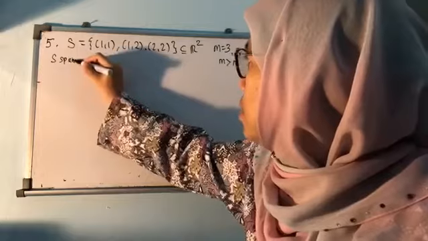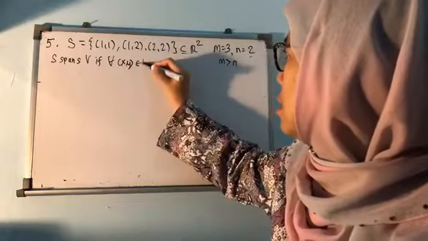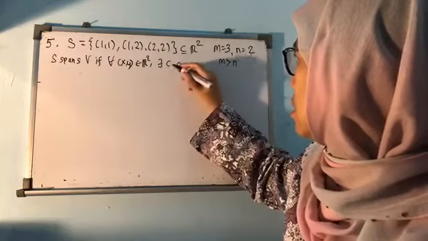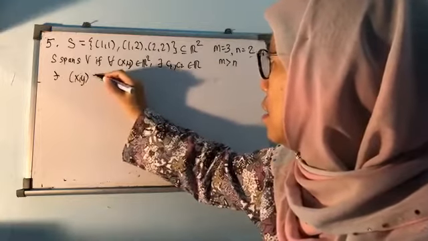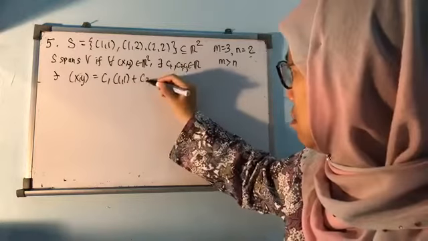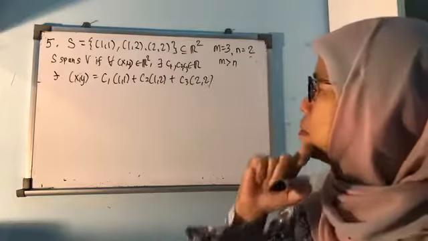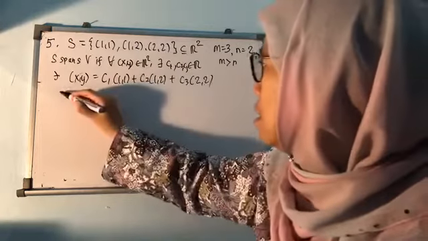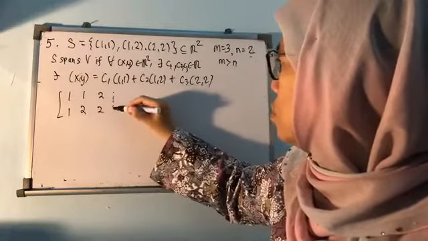S spans R2 if for all x, y in R2 there exist C1, C2, C3 in R such that x, y equals C1 times 1 1 plus C2 times 1 2 plus C3 times 2 2. Okay, now we do this: 1 1 1 2 2 2 x y.